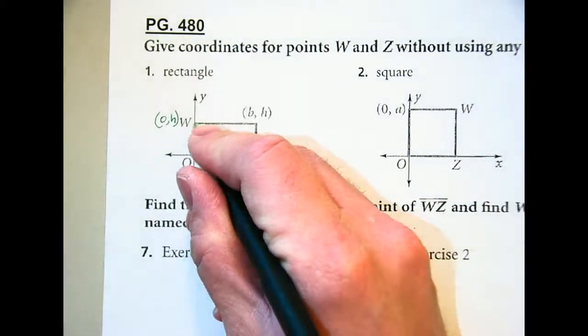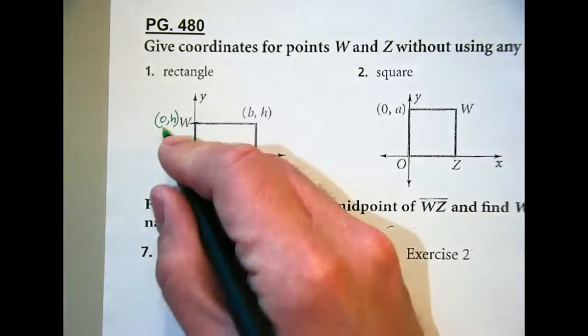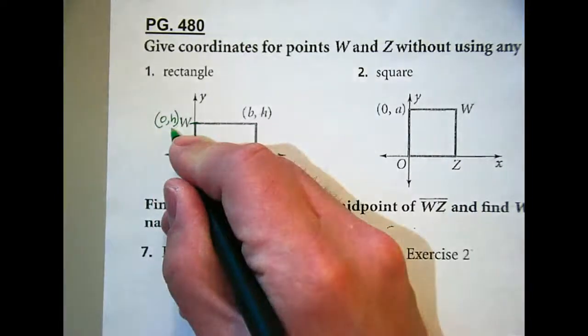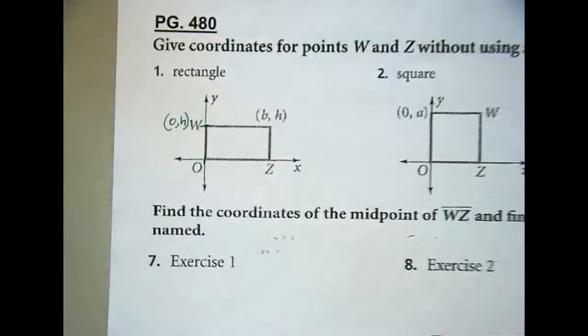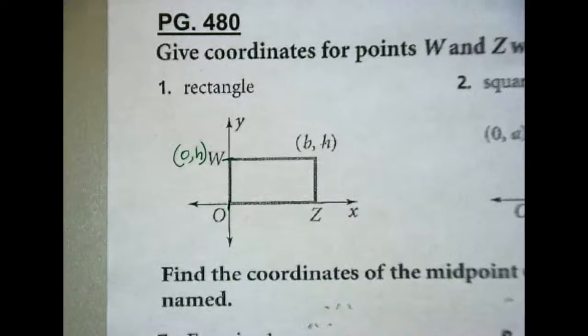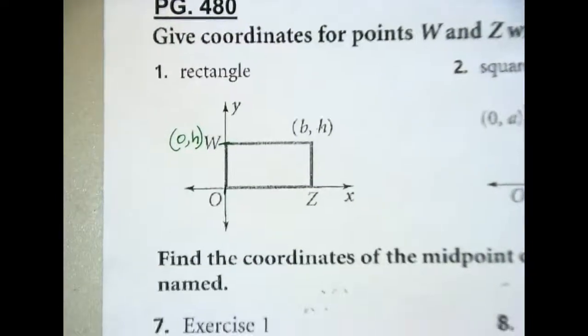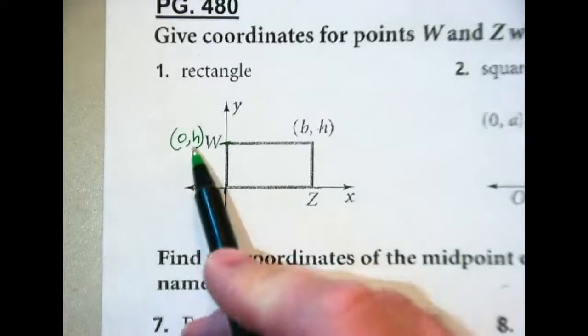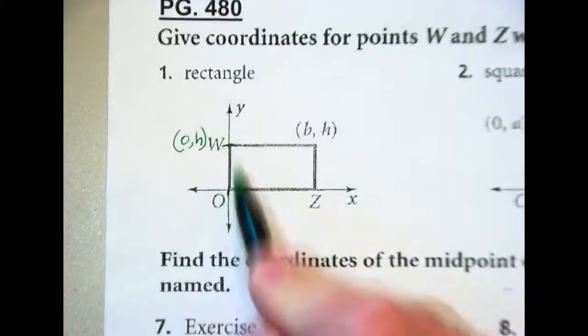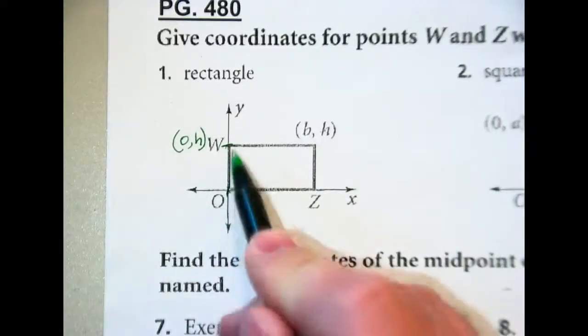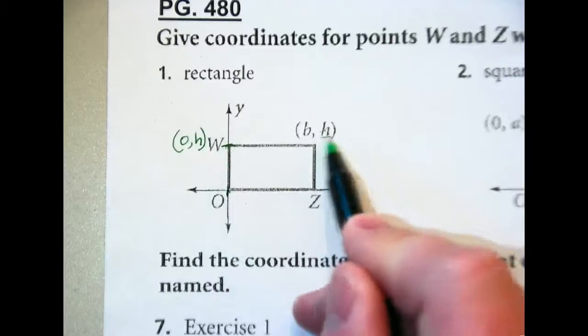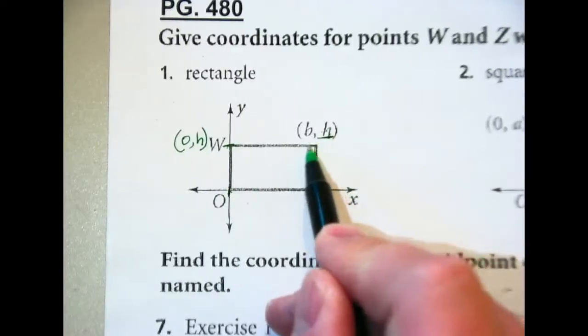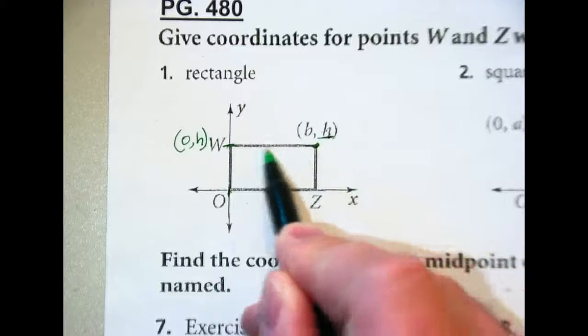So we know from here to here has a length of h. We know that because this coordinate has a y value of h. So if we followed this over to the y-axis from this point, we would be at point h on the y-axis.